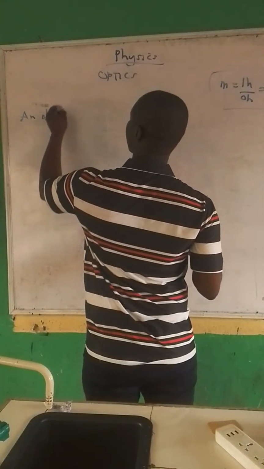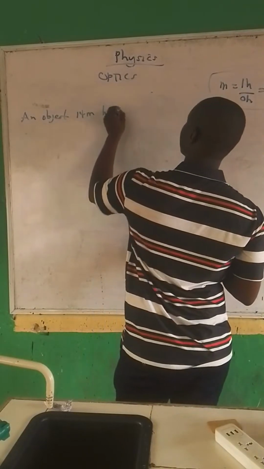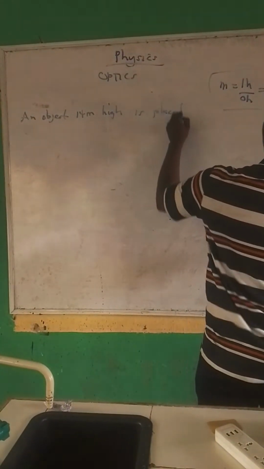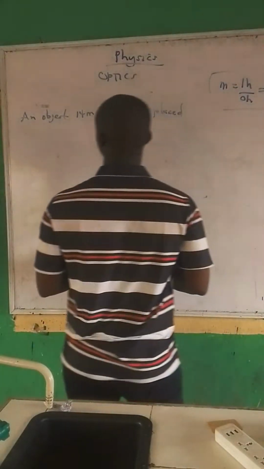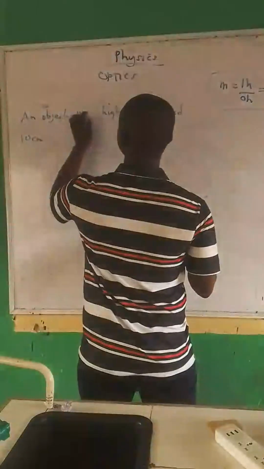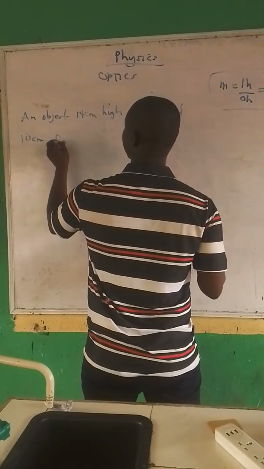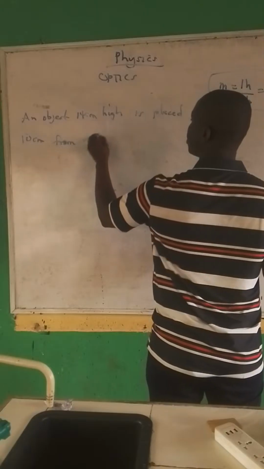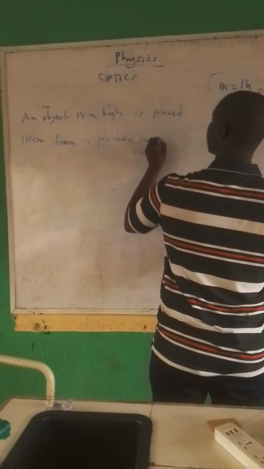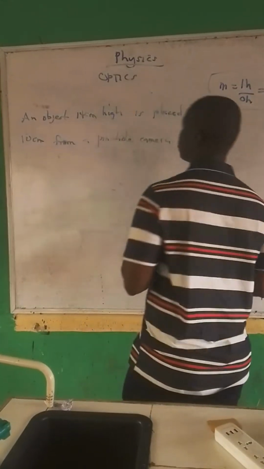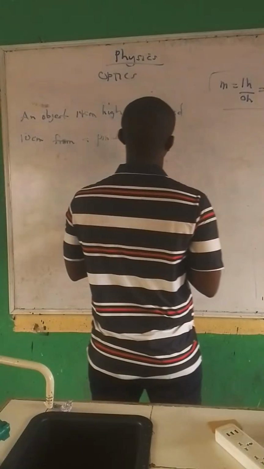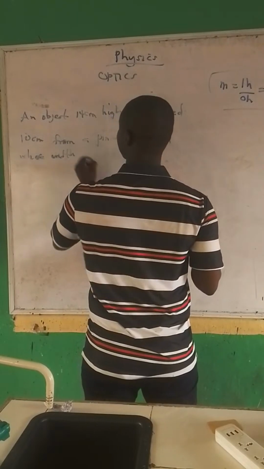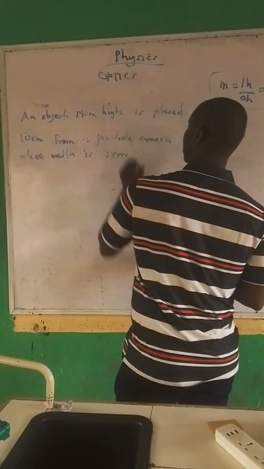An object 14 centimeter high is placed 10 centimeter from a pinhole camera whose width is 7 centimeter.